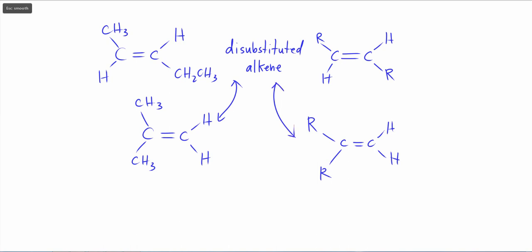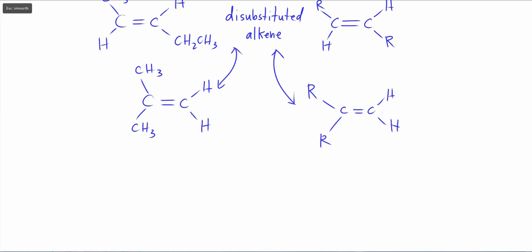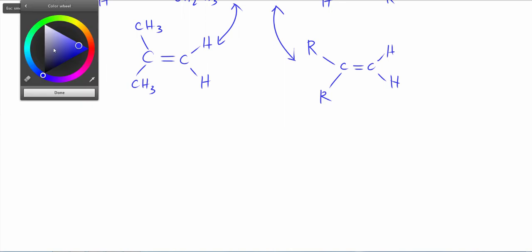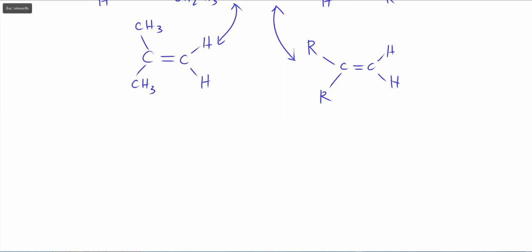Okay? So you can see where we're going with this. If we had a trisubstitution, so any R group that replaces 3 hydrogens on ethene, we would have a trisubstitution.